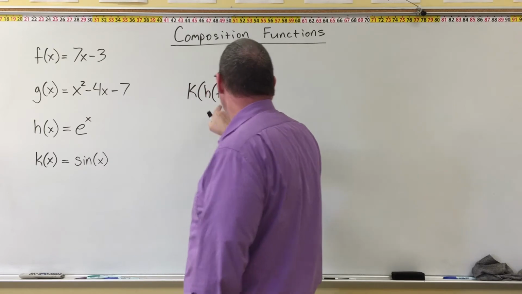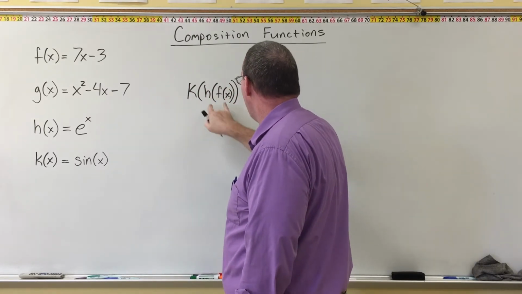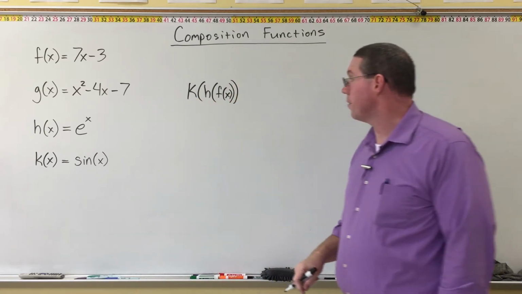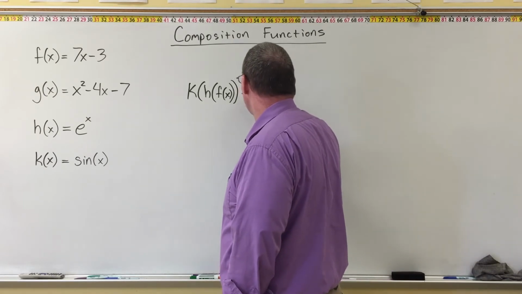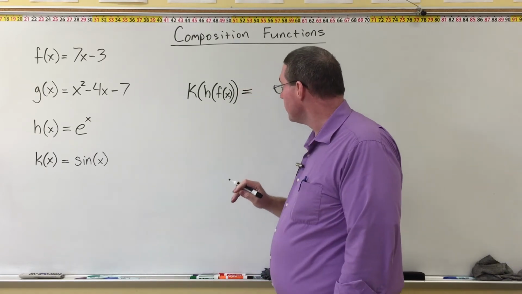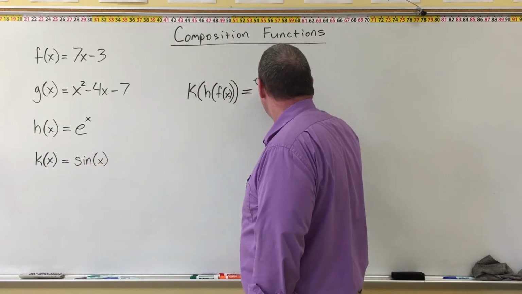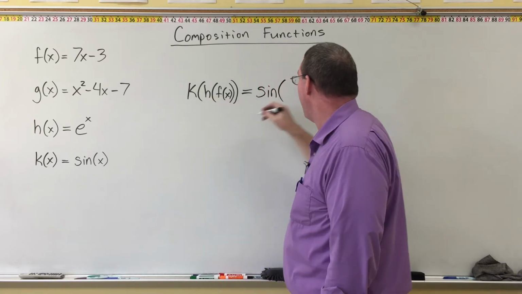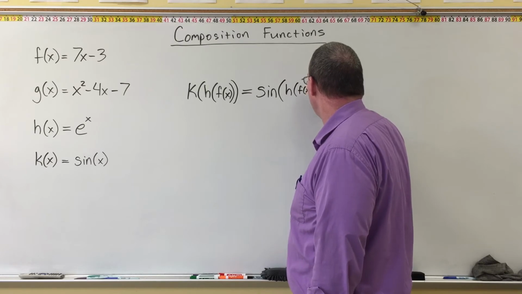All right, so you can see here f of x is inside of h of x, and h of x is inside of k of x. Okay, now I know this looks crazy, really complicated, but here's what I want you to understand. We're going to write out k, which is sine of x, but in place of the x, we're going to put h of f of x. We're going to put a composition function in place of the x.